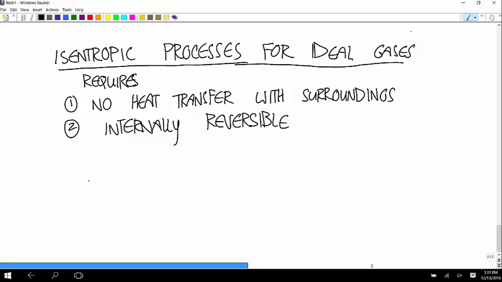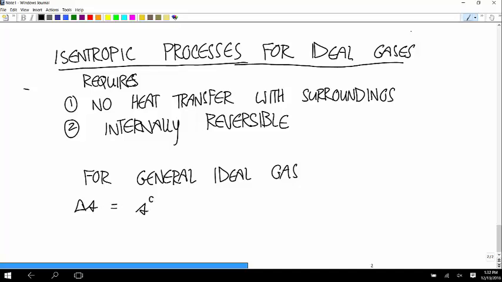Okay, so remember, for a general ideal gas, we know that the change in specific entropy is equal to S0 at temperature 2 minus S0 at temperature 1 minus R times the natural log of P2 over P1.